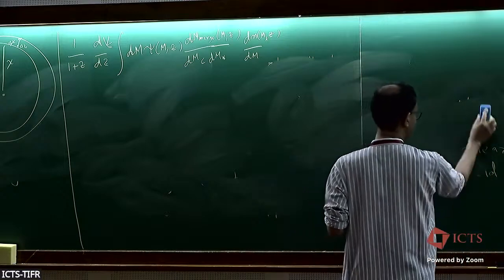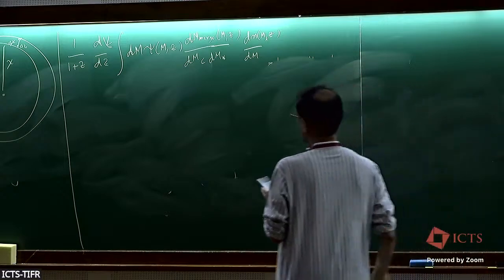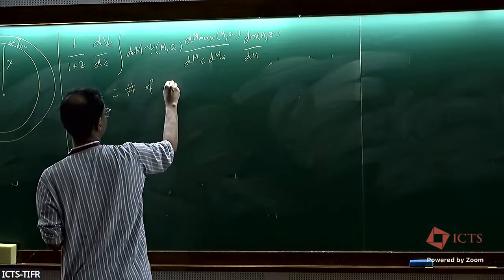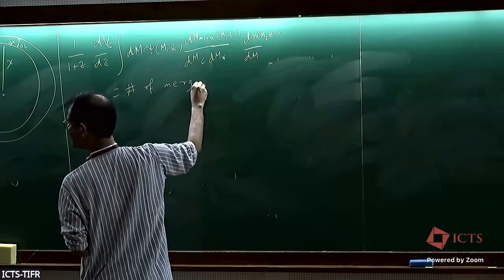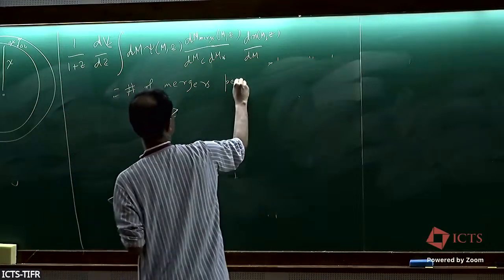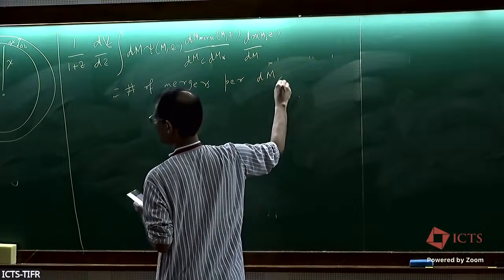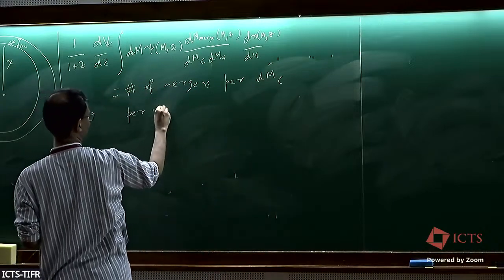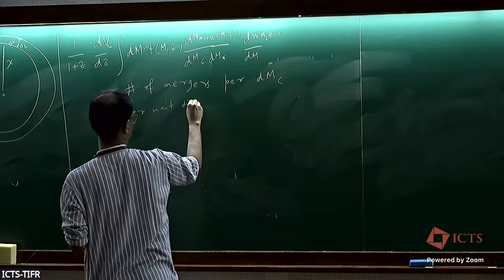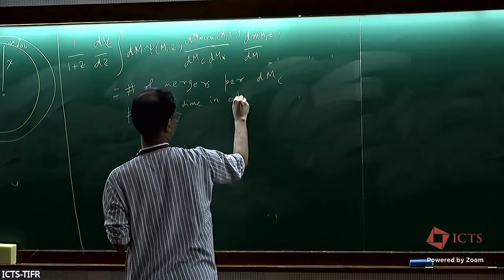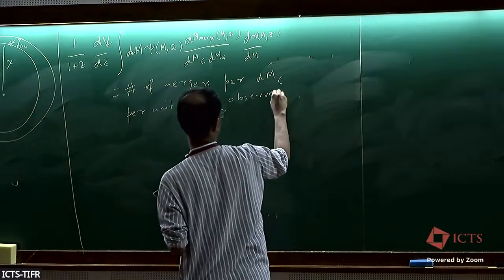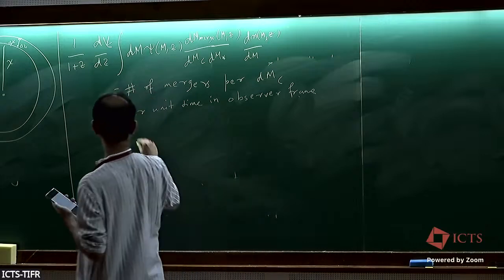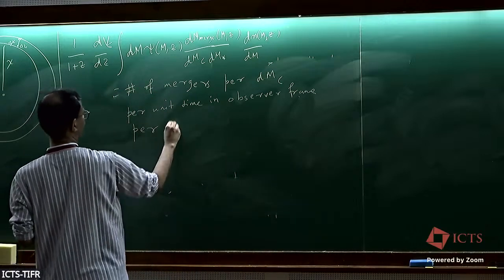So this is the number of mergers. It's essentially the same per dVc per unit time, but now in the observer frame, and per comoving volume, instead of that, per dz.